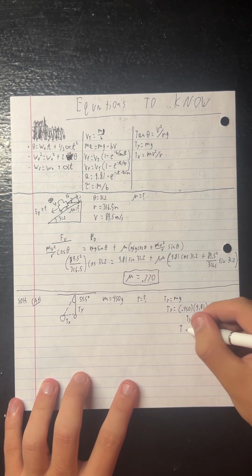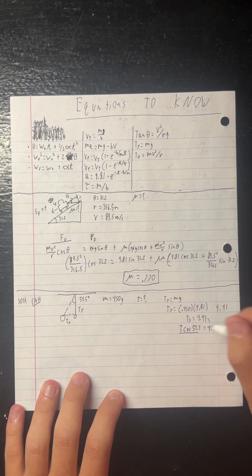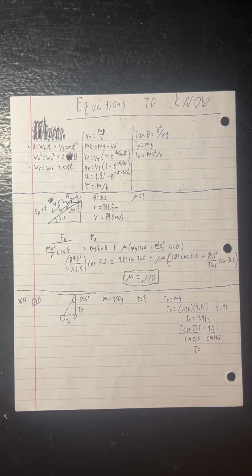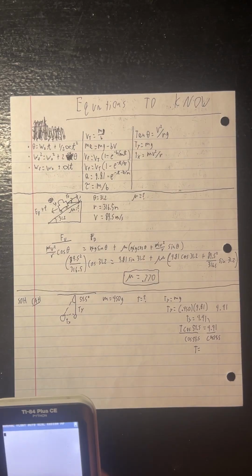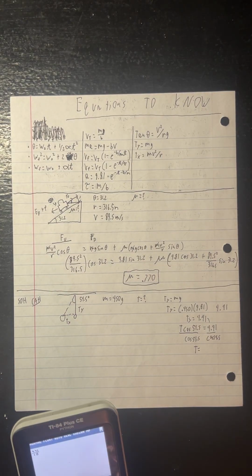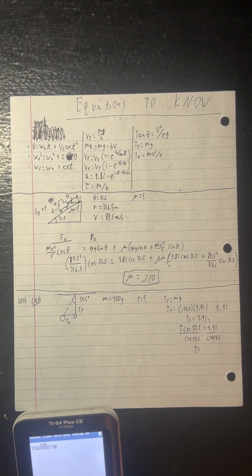That is going to get us our Ty. So adjacent in this case is going to use cosine. So it's T cos theta, which is 54.5, equals our Ty. What is our Ty? We just found it, 4.41. Now we can just divide by cos 54.5 on both sides, and our T comes out to, let's see, 4.41 divided by cos 54.5.